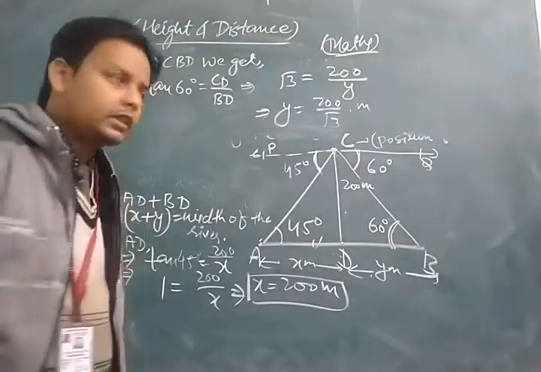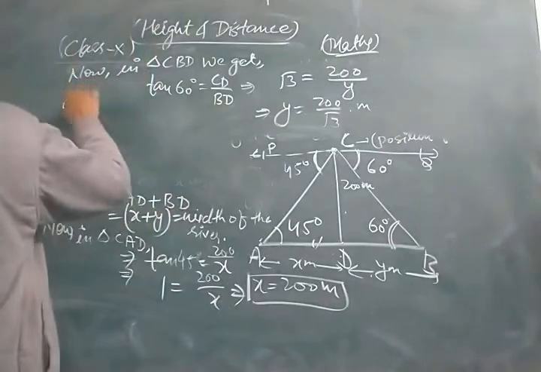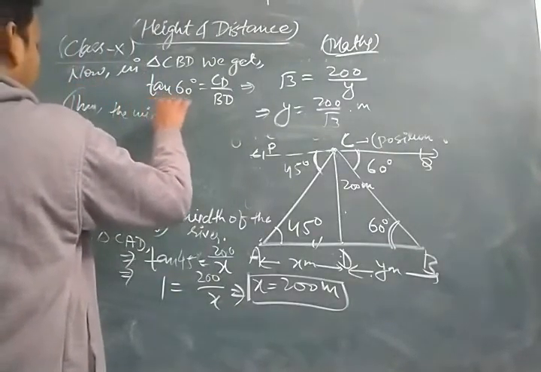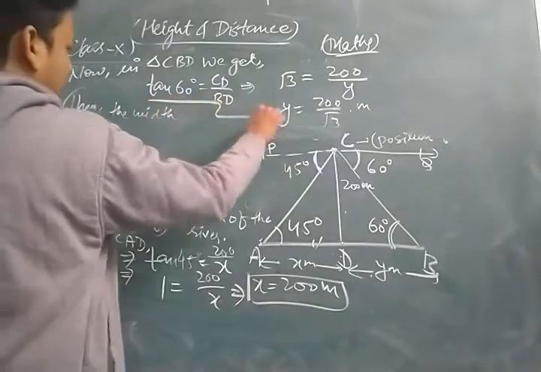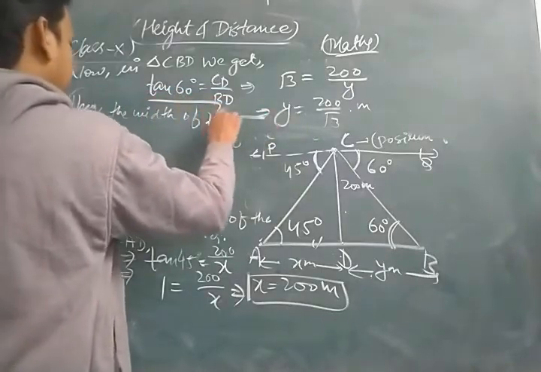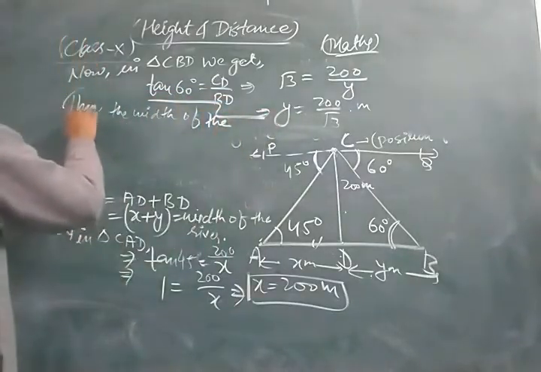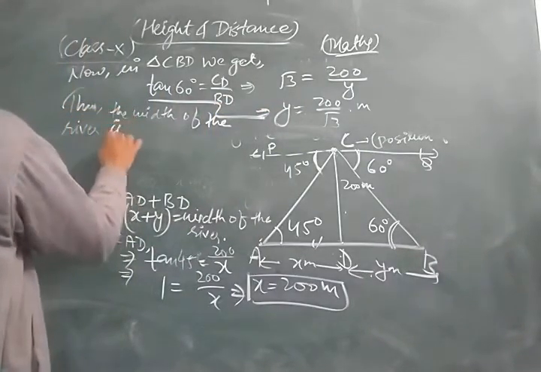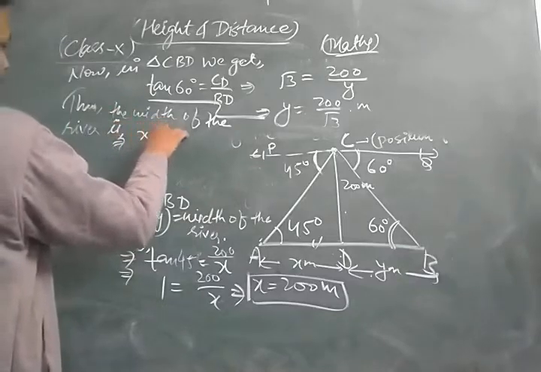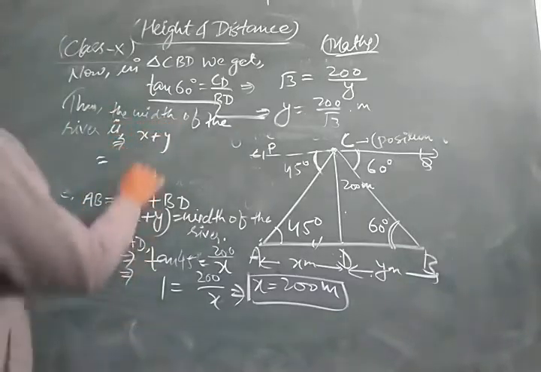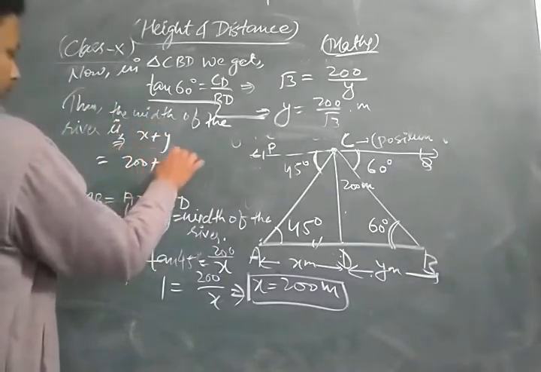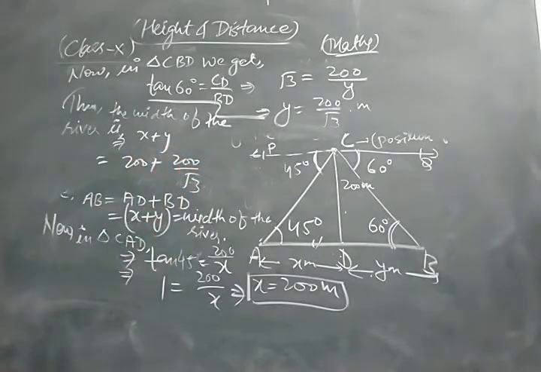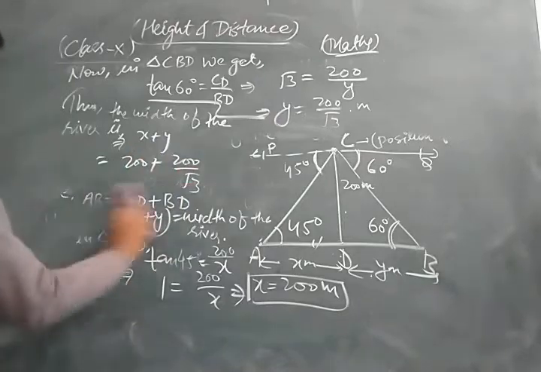Now the width of the river is x plus y. So x is 200 plus 200 upon root 3.